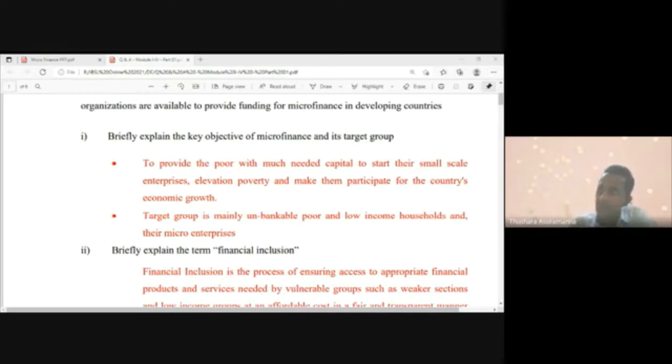Fourth one could be models. Then fifth one could be microfinancing organizations. Sixth one could be microfinancing act, functions, areas. Then challenges. Then microfinancing trends. Or the next one could be concerns in microfinancing, like what we have discussed.